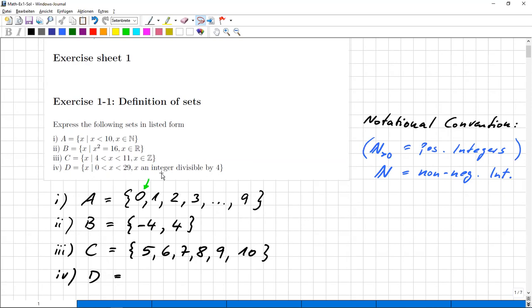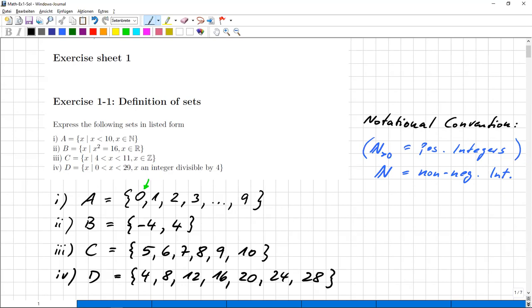So the first number inside this interval, an integer divisible by 4, is 4. You said 4, right? So then I count upwards. I take the multiples of 4, of course, 8, 12, 16, 20, 24, and of course I must stop with 28, which is the largest of these inside this interval.